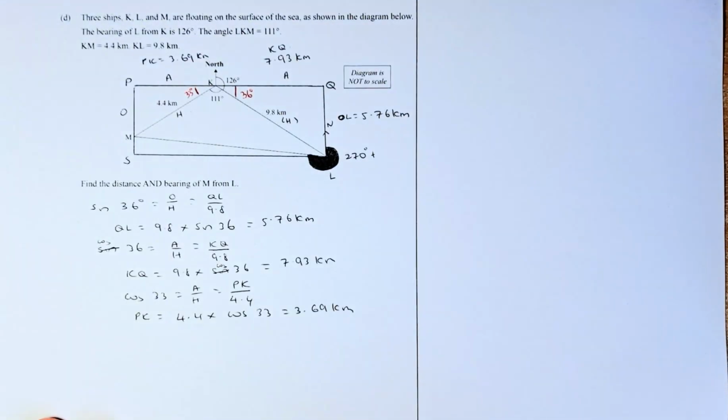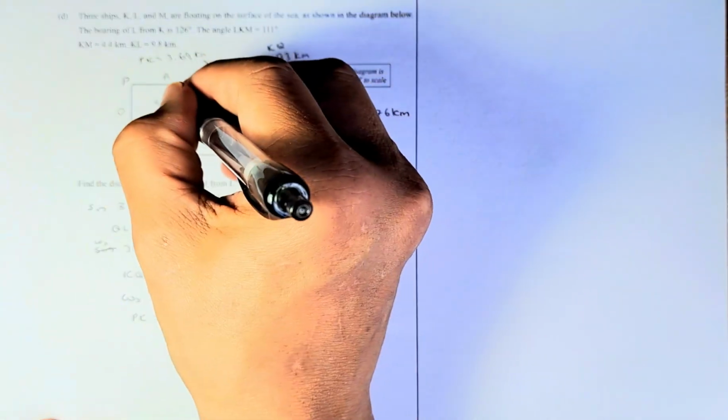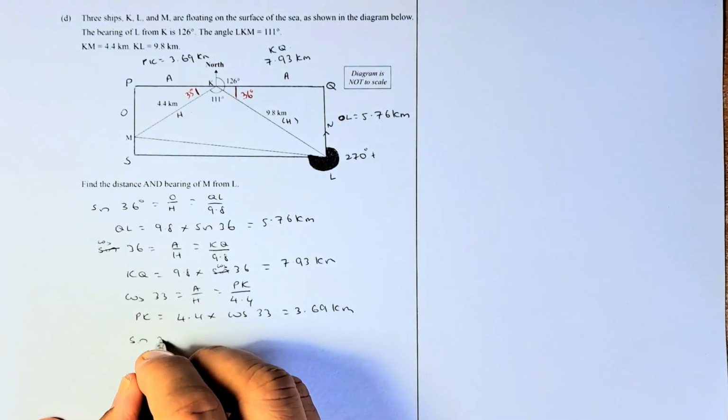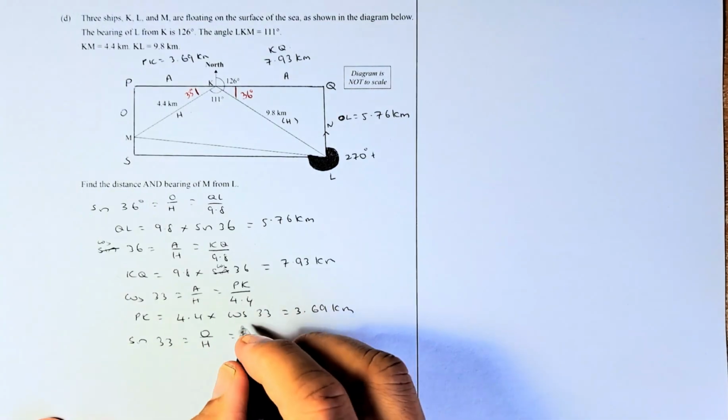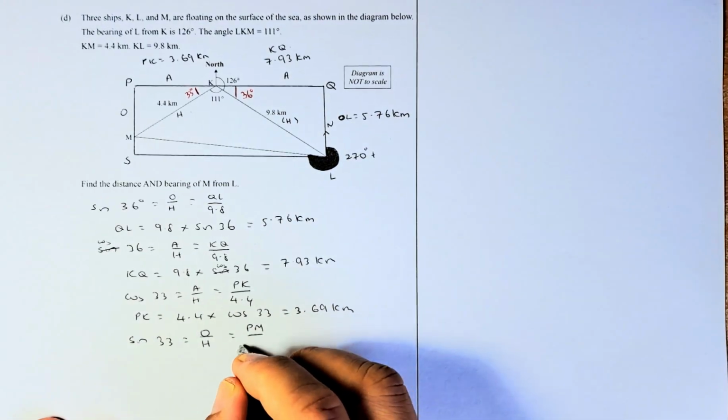Now we can calculate PM. Opposite over hypotenuse: sine 33 equals O over H. O this time is the unknown PM, and your H is still 4.4.